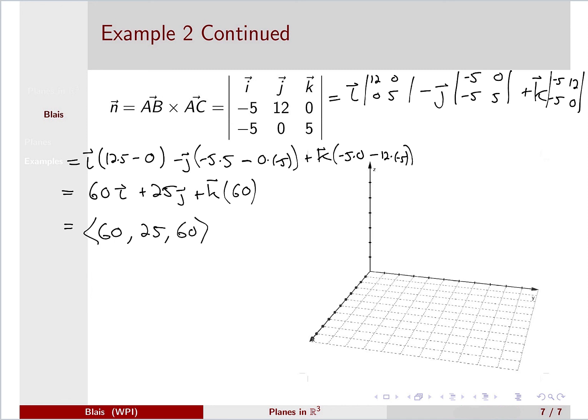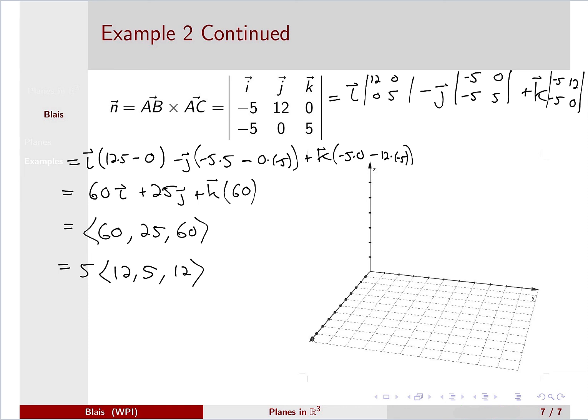And we could use this as is, but if you want it to be a little simpler, you could factor out a 5. And you would get 12, 5, 12. And so this will be the normal vector that we use. And in fact, note, we don't even need to use that 5, because whether we multiply by 5 this 12, 5, 12 vector or not, it's still pointing in the correct direction.